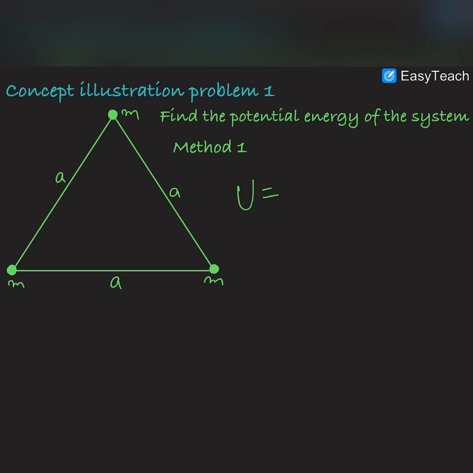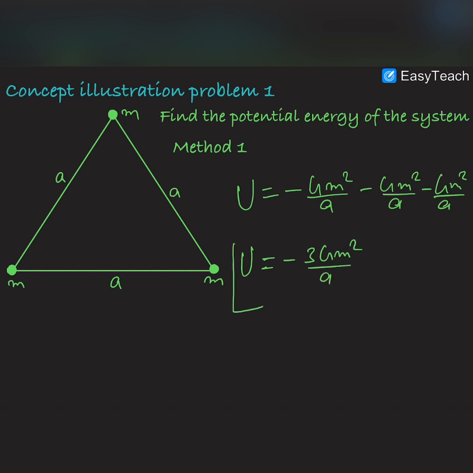So the total gravitational potential energy would be minus G m square by r. In fact, the distance between any two masses is a, so minus G m square by a, and minus G m square by a, and minus G m square by a. So U would be equal to minus 3 G m square by a. This is the potential energy of this system.